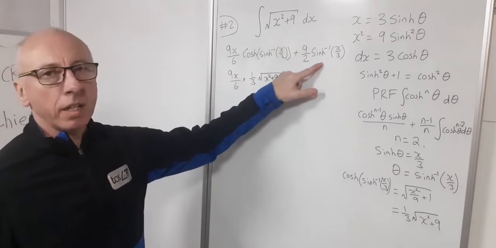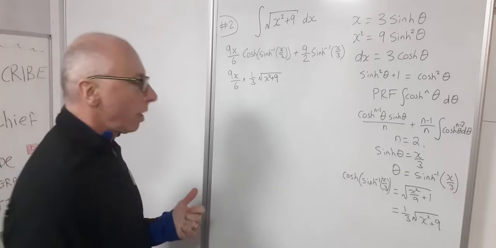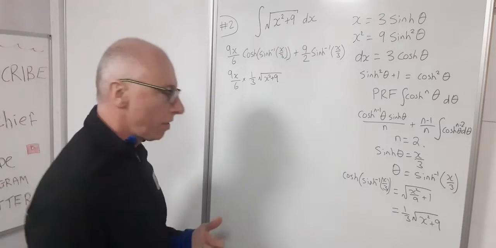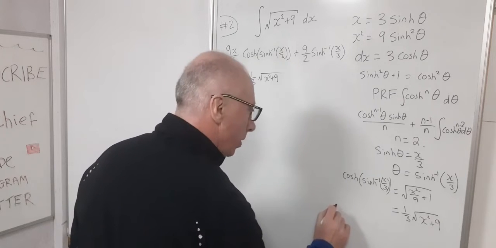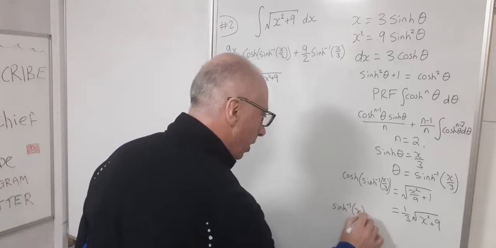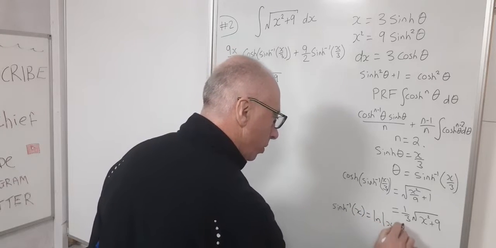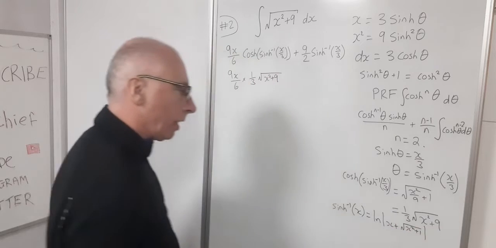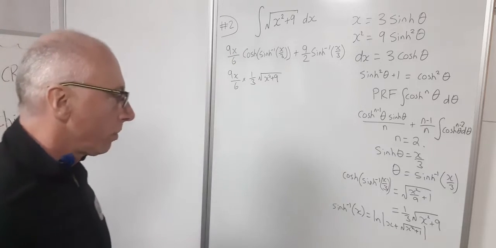Now this one here, the inverse sinh function of x over 3, we can transfer into logarithm rather than have it in hyperbolic. We know that the inverse sinh of x equals the natural log of x plus the square root of x squared plus 1. That's the logarithmic identity for the inverse sinh function.